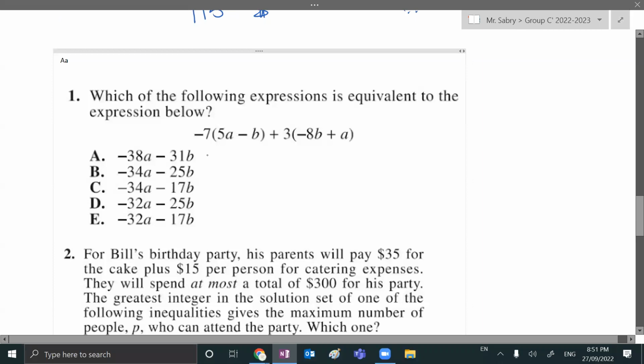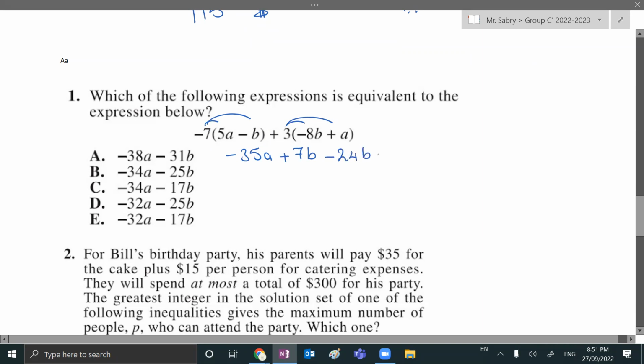I assume this was a very easy one. Whenever we have something multiplied by a bracket, this needs to be distributed. So I'll have the negative 35a, and then negative 7 multiplied by negative b is positive 7b. Then the 3 as well will be multiplied, so that's negative 24b, and then 3 times this is positive 3a.